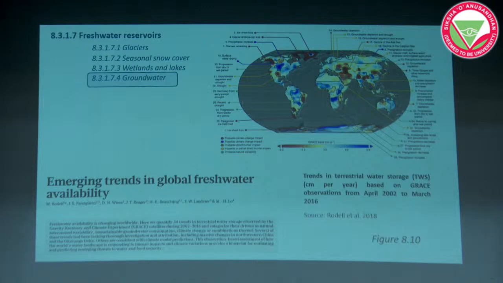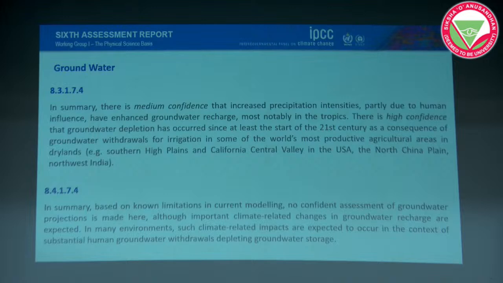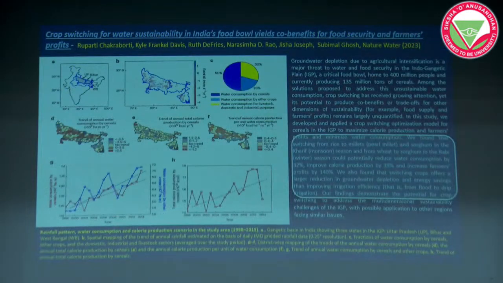But by and large, there are a lot of limitations. We still don't understand how groundwater changes will happen in the future. The assessments are not clear, but definitely, because of extraction for irrigation, groundwater has depleted in many of the world's most agricultural productive areas. That's a big concern.